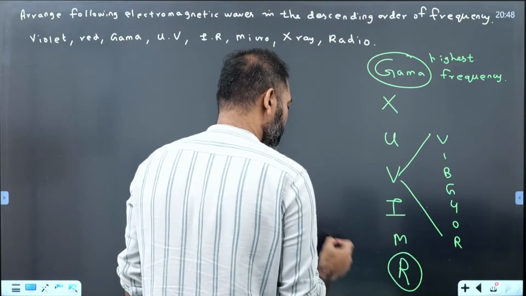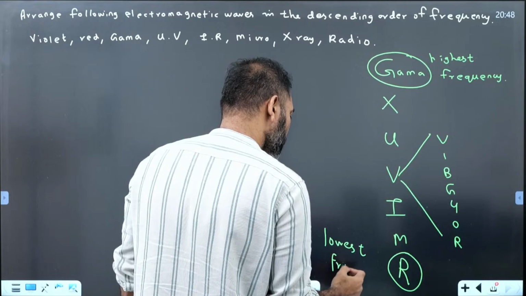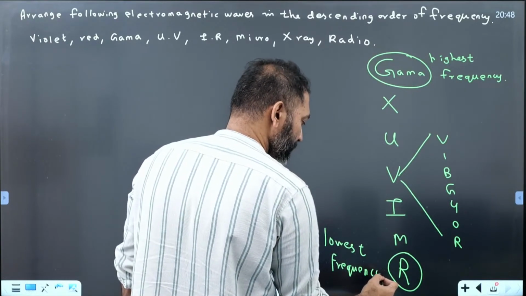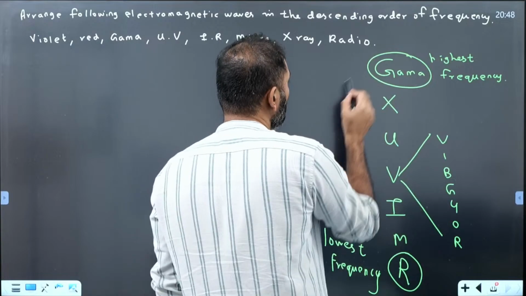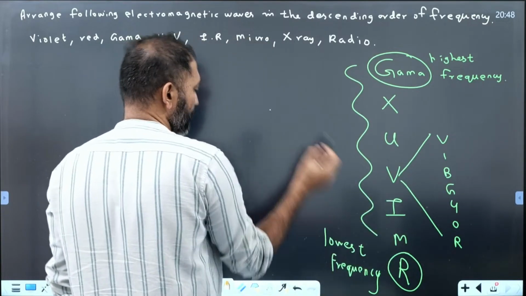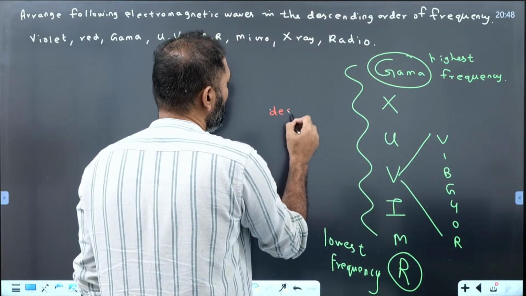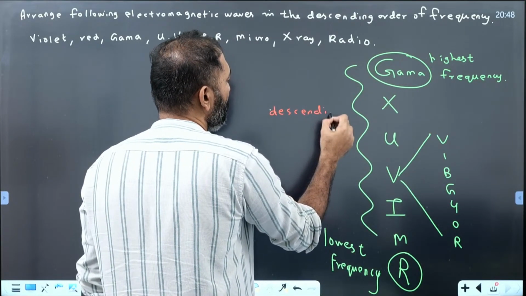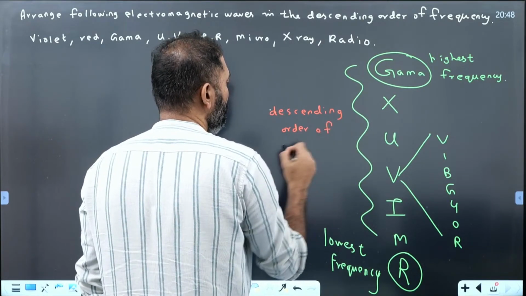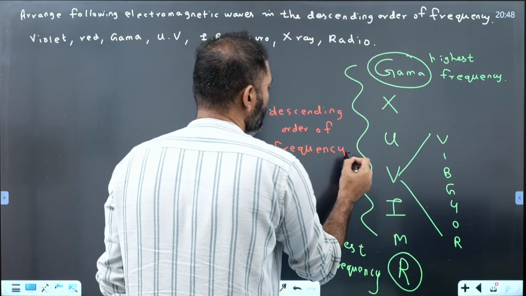Radio waves are having the lowest frequency. So this order is descending order of frequency.